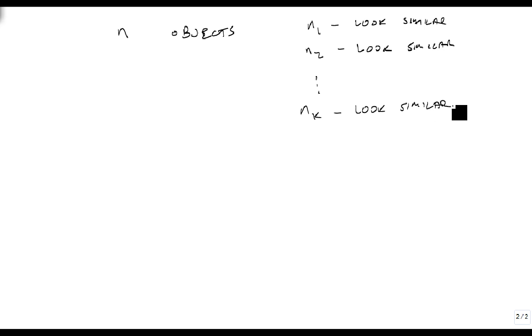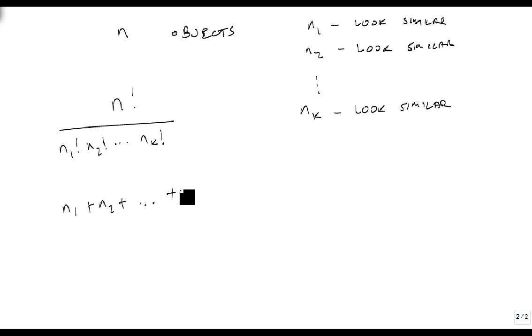Well, our permutation is equal to n factorial divided by the number in the first set times the number in the second set, all the way times the number in the k-th set. But here's the key. n1 plus n2 plus all the way to nk has to equal n. So each individual number here has to add up to n when you put them all together.